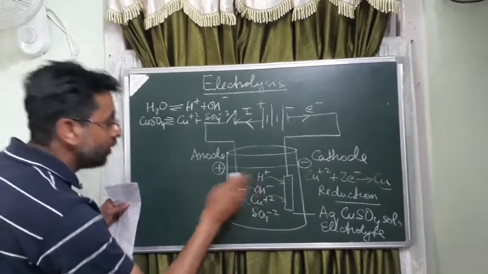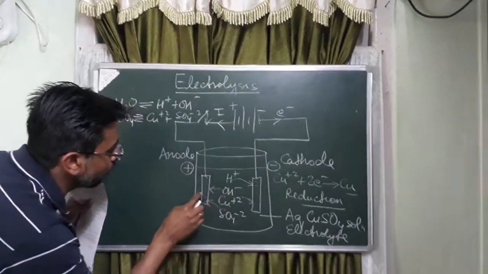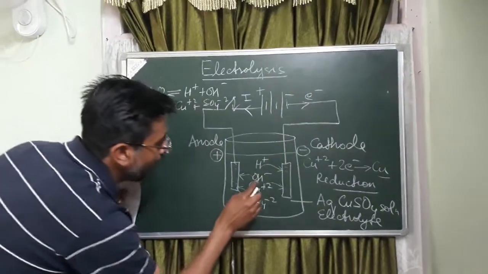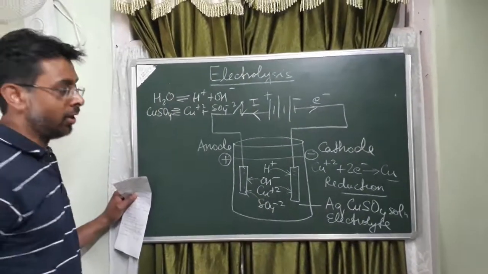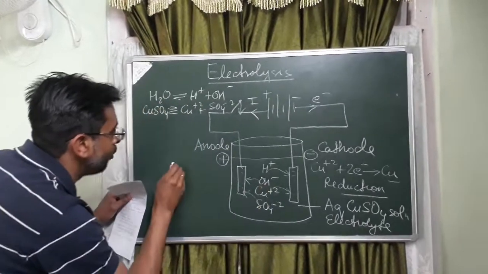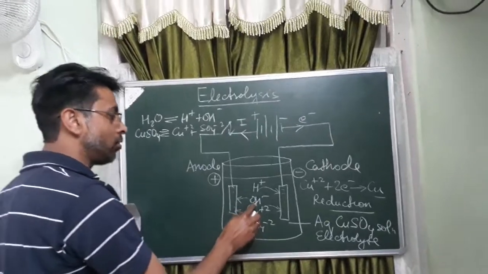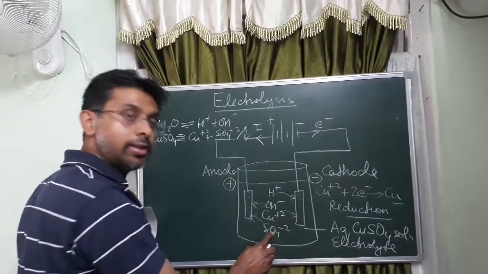And on the other side, the hydroxyl and the sulfate come to the anode side. Now between hydroxyl and sulfate ions, the ion which is placed lower is hydroxyl. So these hydroxyl ions are going to get discharged because the position of hydroxyl ion is lower in the electrochemical series.